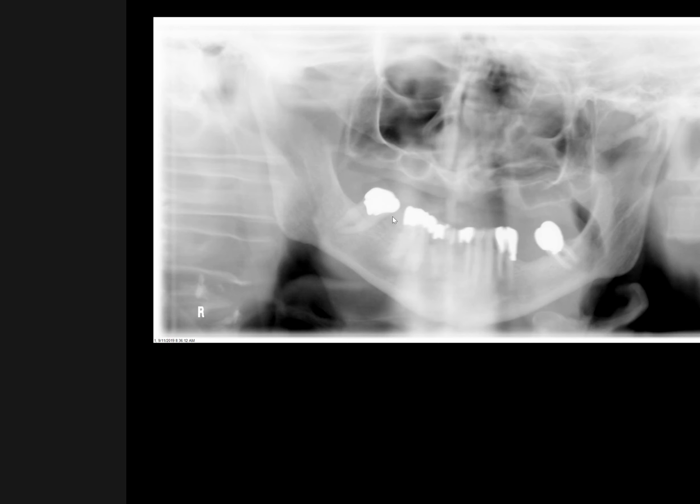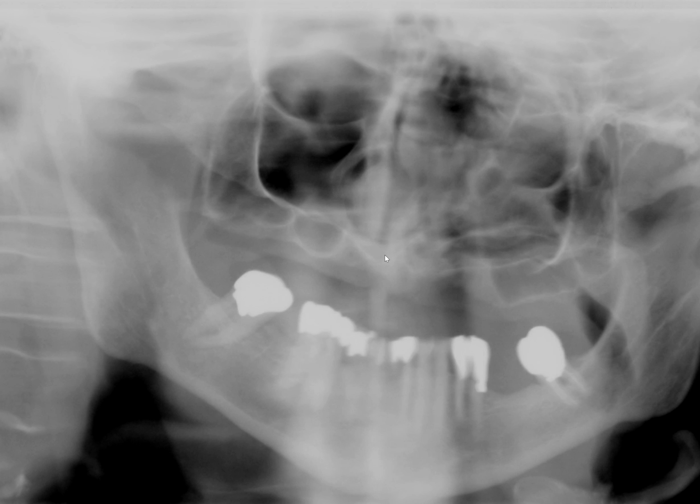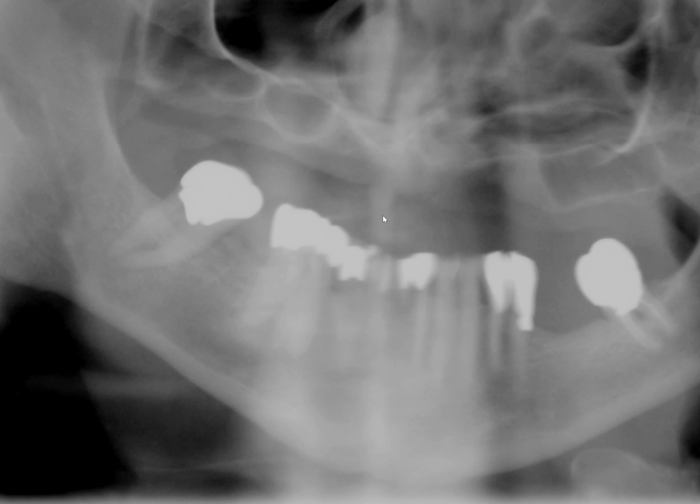And in September, our student or clinician decided to take a panoramic radiograph of this patient. And you can see the lost spatial resolution from this panoramic radiograph. It's really difficult to assess that tooth that we just saw on periapical radiograph, right?